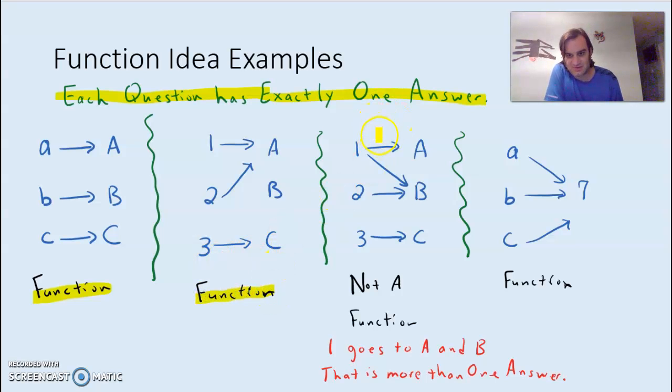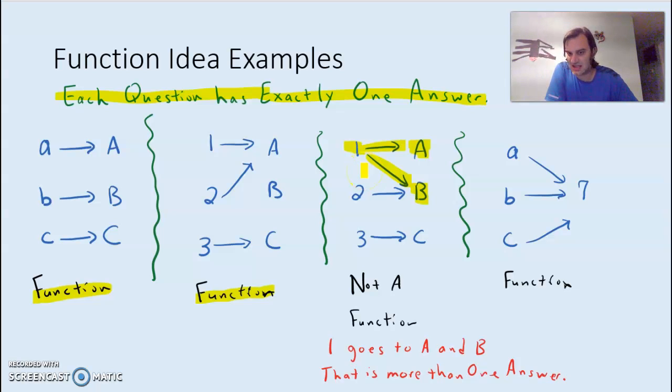The third example kind of shows us where the function falls apart. If I put 1 in my machine and I get out A and B, or sometimes A, sometimes B, that's a problem. So this 1 going to 2 different places means that 1 does not give us exactly one answer. So if I ask you the question, where does 1 go?